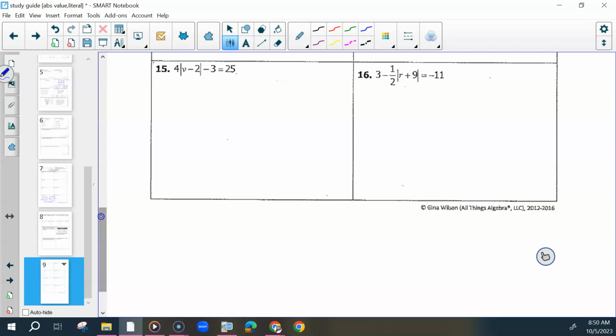1/2 is directly connected to the absolute value, so subtract on both sides. Then we can get rid of the negative 1/2 by either taking it and flipping it and multiplying on both sides, or dividing both sides by negative 1/2. I'll let you guys choose.